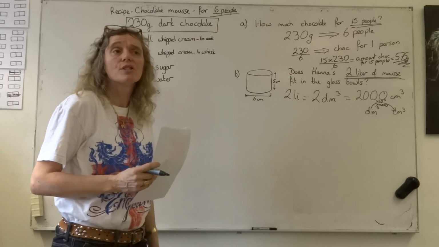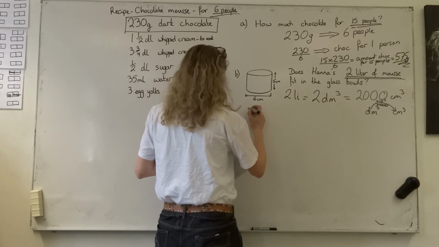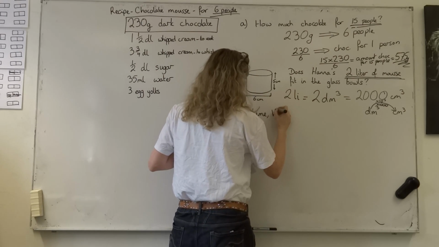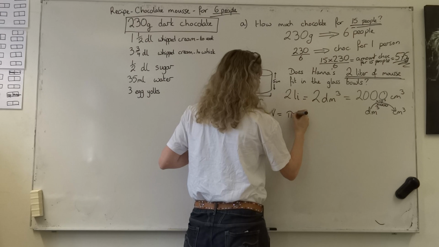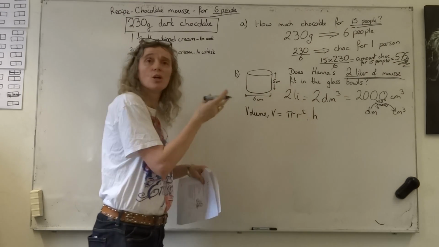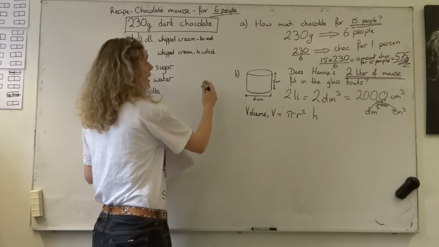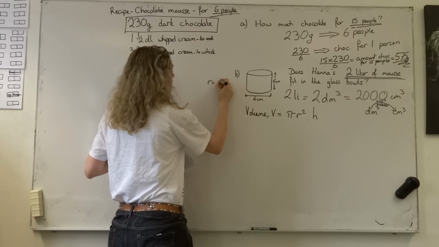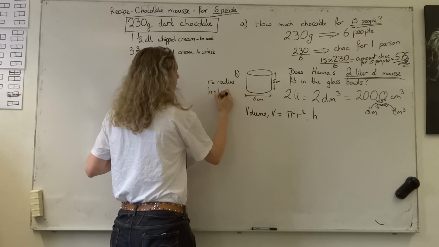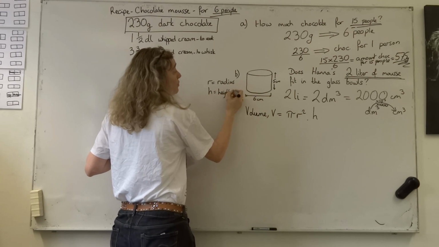Let's work out first the volume of 1 glass then. Well, the volume of 1 glass, we'll call it V, is the same as pi r squared times h. We're using letters here that we haven't defined, so we must define that r is the radius and h is the height. Might as well put the numbers in here.